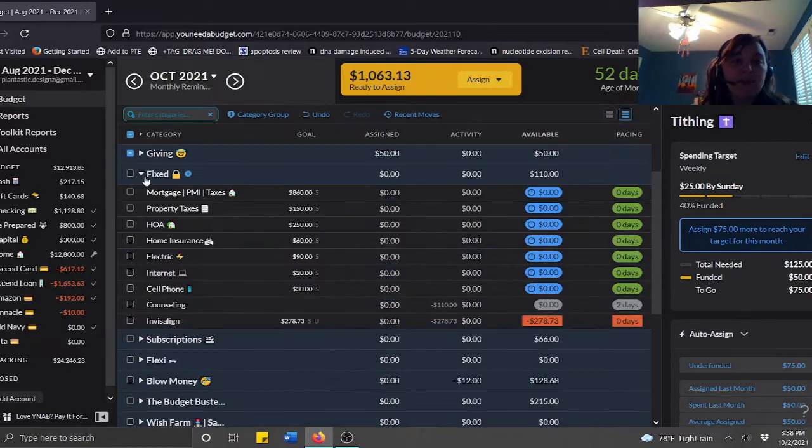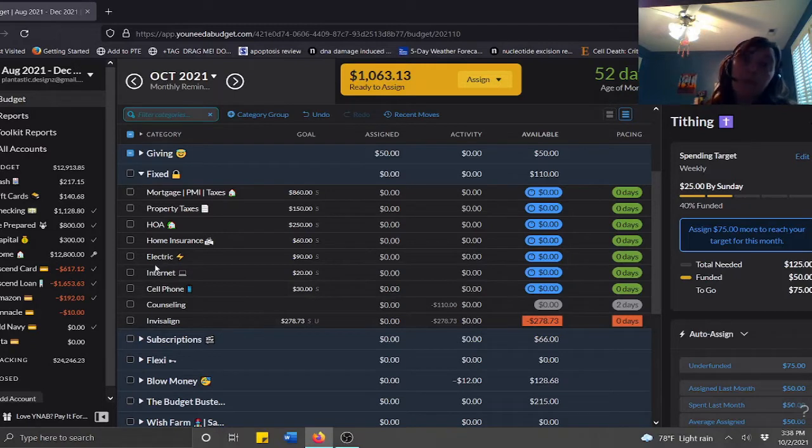The next is my fixed expenses, and this little lock just tells me that these are expenses that you cannot take any money from. Like I told you guys, I am saving up for a house, and what I'm doing is essentially pretending like I'm already living in a house.